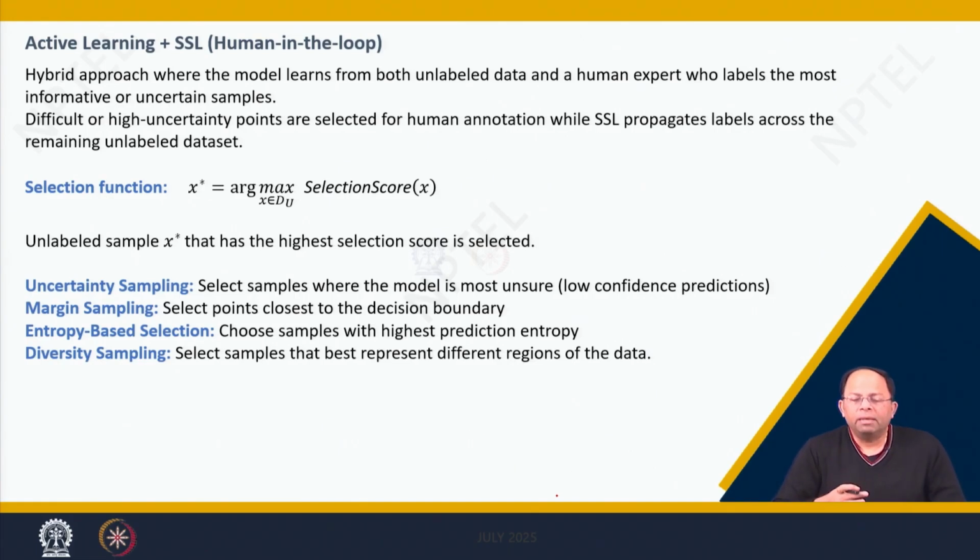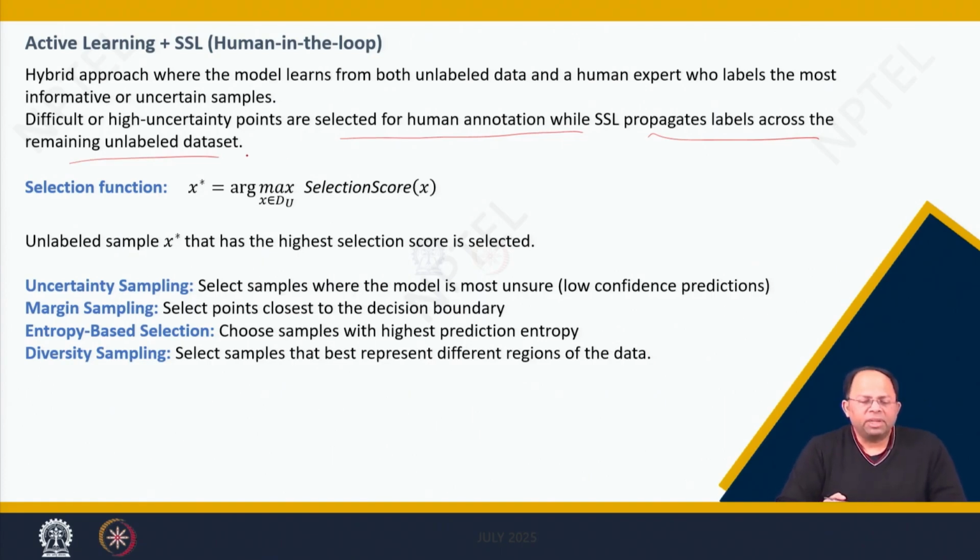This is done for the uncertain data. For the ones where the algorithm is sure that yes, this is the label, then it's fine. For the points where the algorithm is not sure, the confidence level is not high, I can bring in a human who would help me in classifying that, right? So difficult or high uncertainty points are selected for human annotation, while SSL propagates labels across the remaining unlabeled datasets.